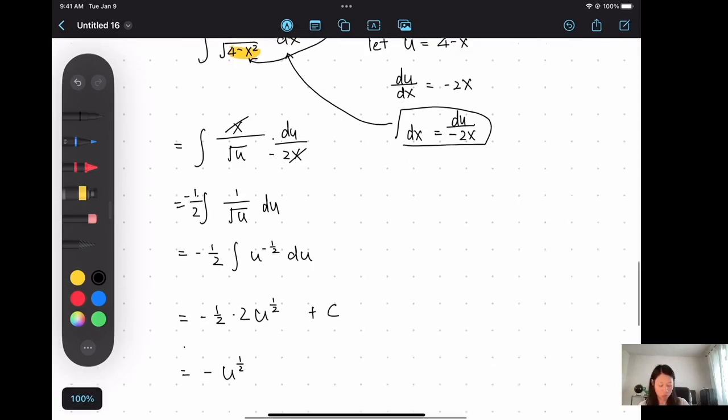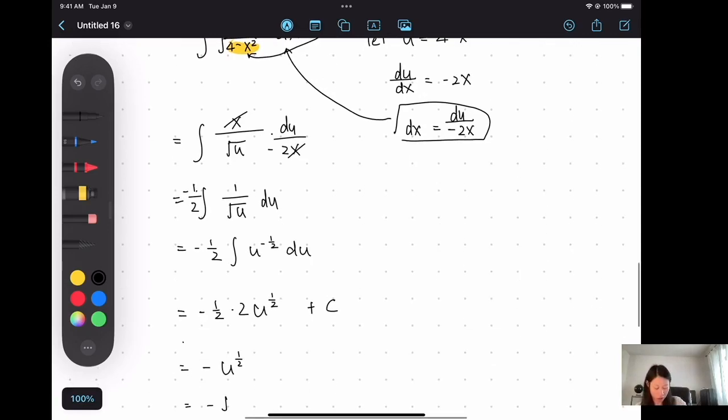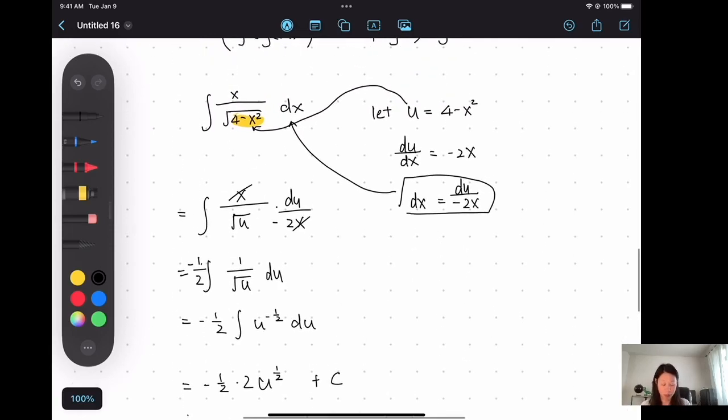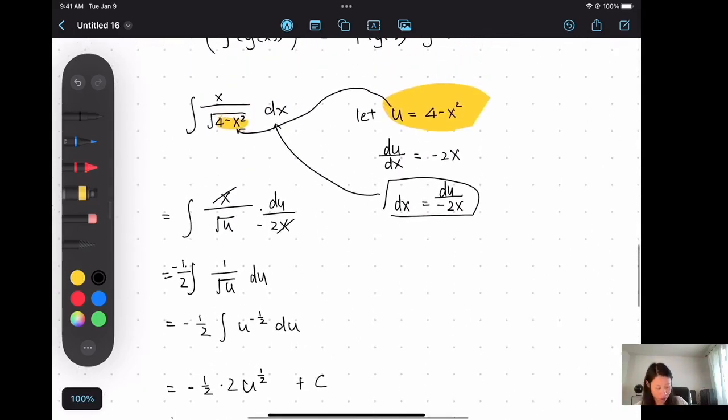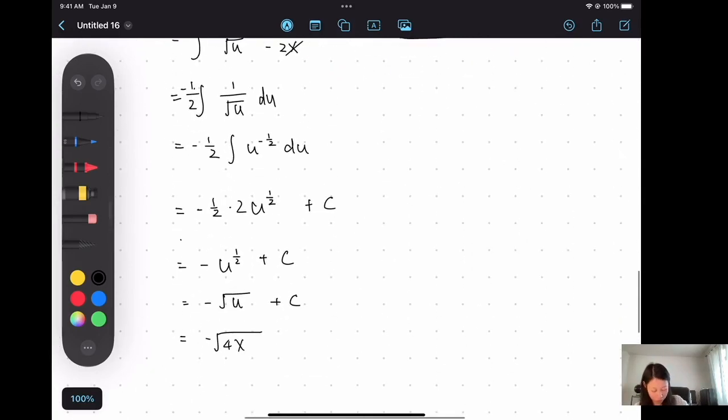Now, the 1/2 power means square root of u. Now we can substitute the function back. Remember, our u equals 4 minus x squared. Now we substitute the u back. Oh, don't forget to plus c. Negative the square root of 4 minus x squared, plus c.